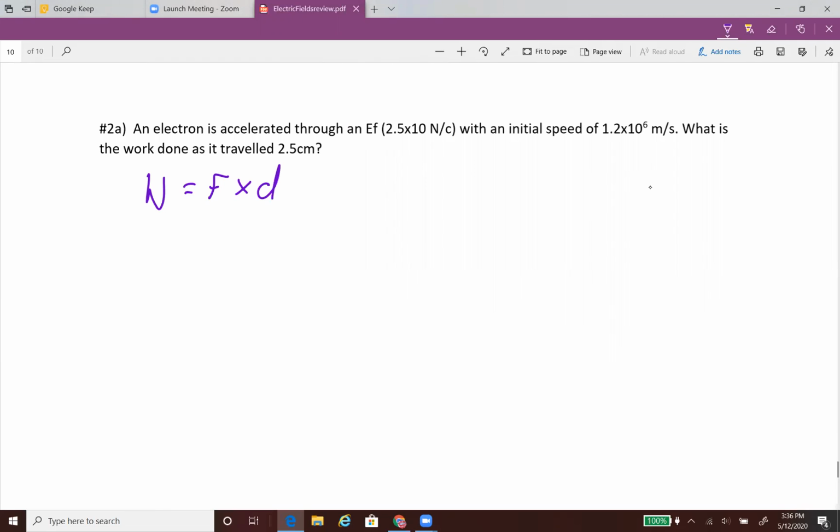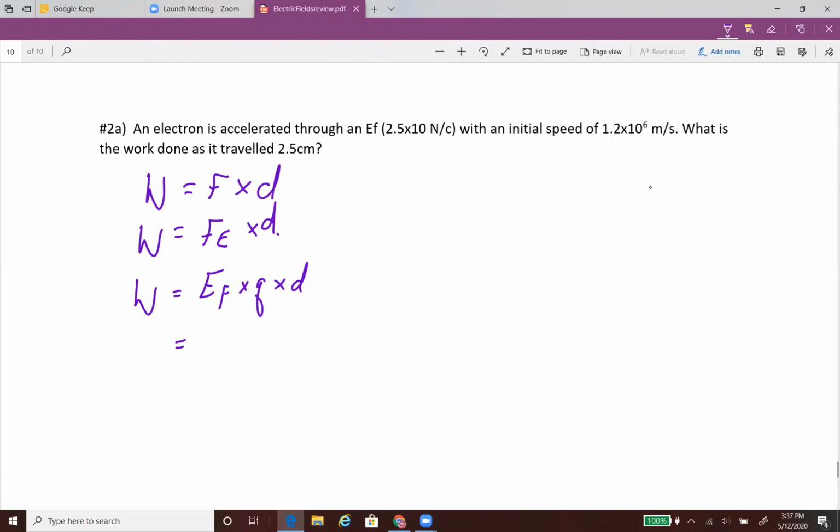In this case, the force would be the electric force. From previous, the electric force is the electric field times the charge. So the work would be electric field times the charge times the distance.